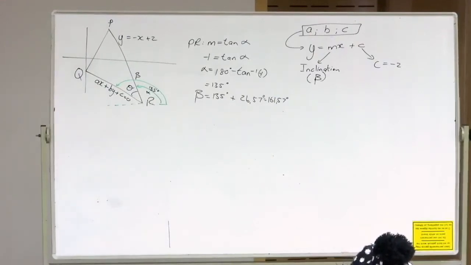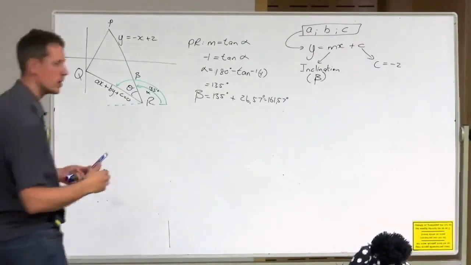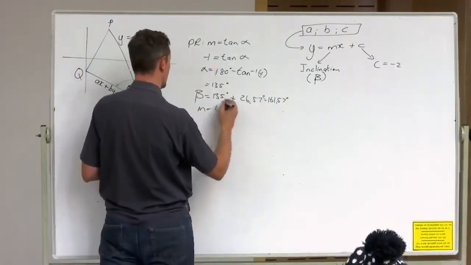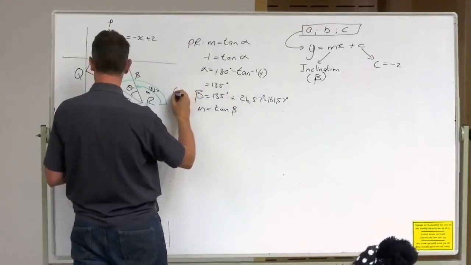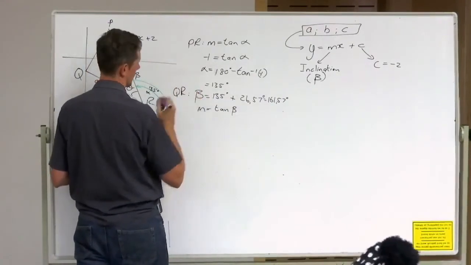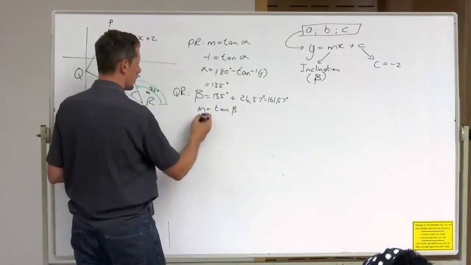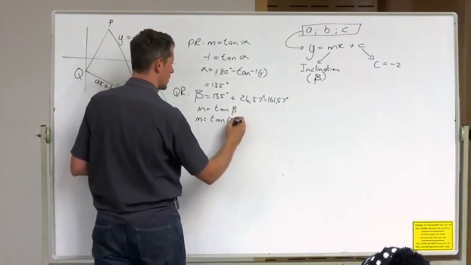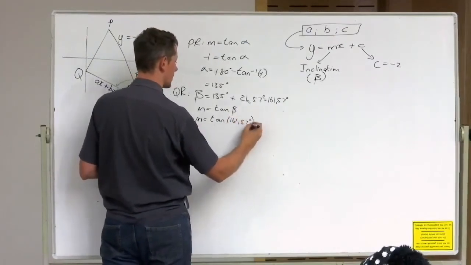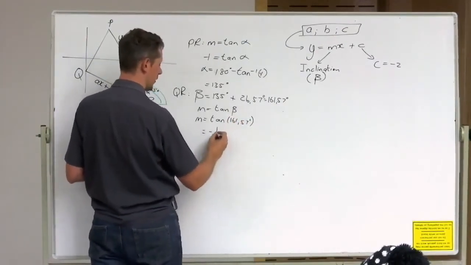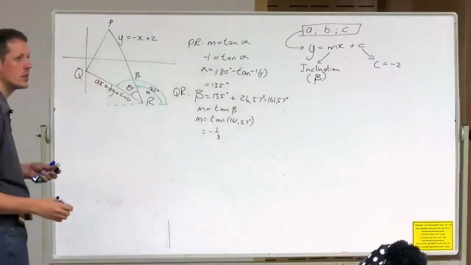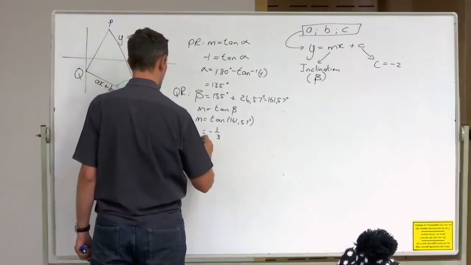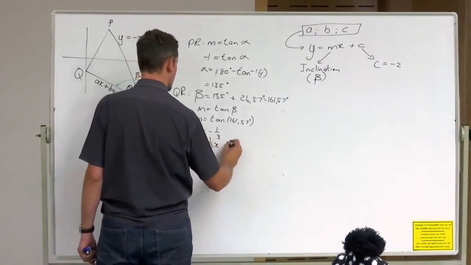But then I can get m, because m is equal to tan of beta when I'm looking at QR. M is tan of 161,57, and this gives me -1/3 if I round it off. Then I have y equal to -1/3 x minus 2.